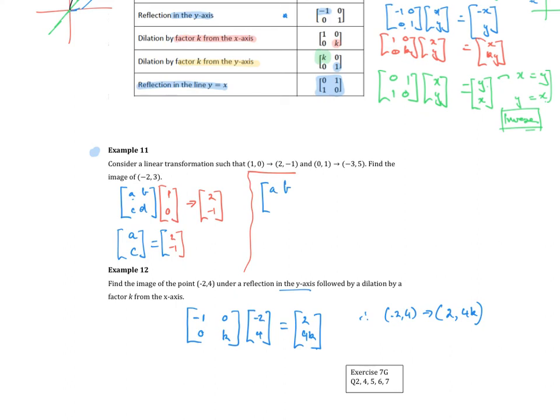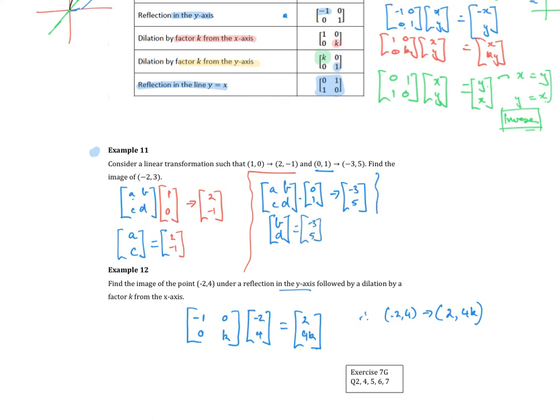If I do exactly the same thing, the same matrix applied to the point 0, 1 will become -3, 5. So again, expand the left-hand side, I get A times 0 plus B times 1, which is just B. Then I get C times 0 plus D times 1, which is D. And that's equal to -3, 5.